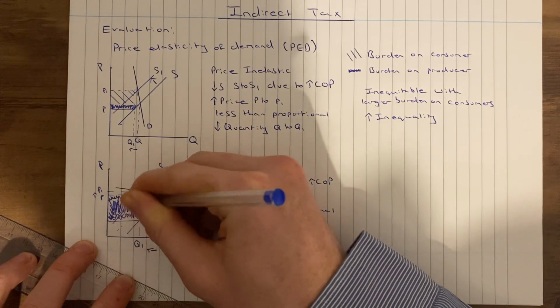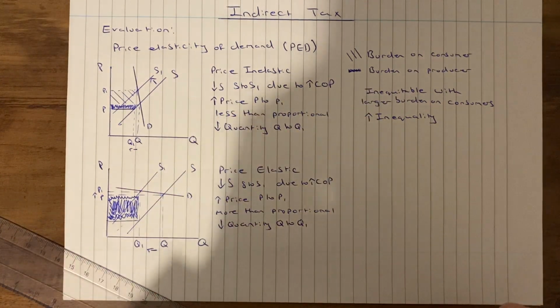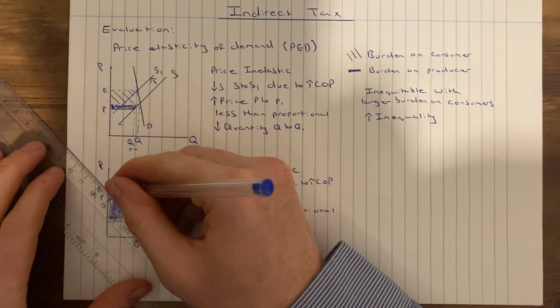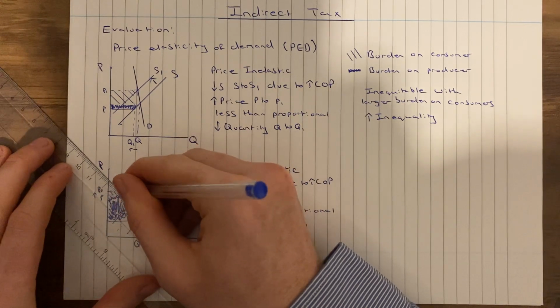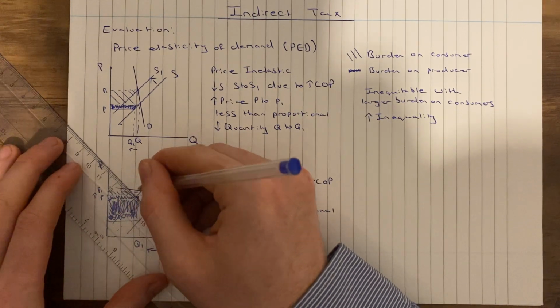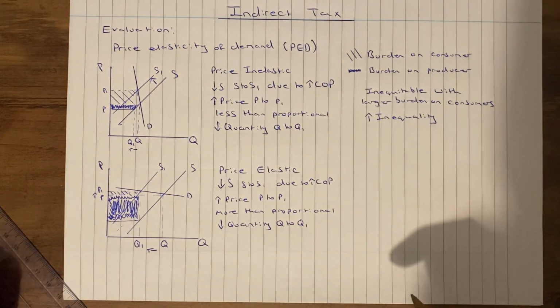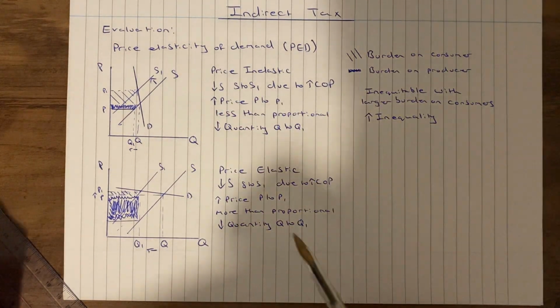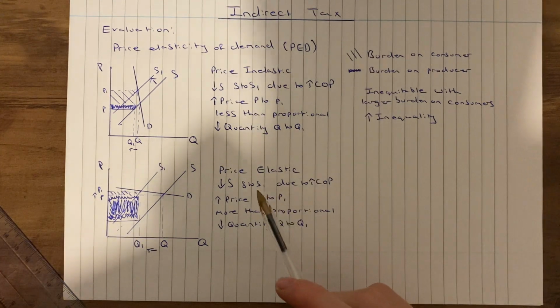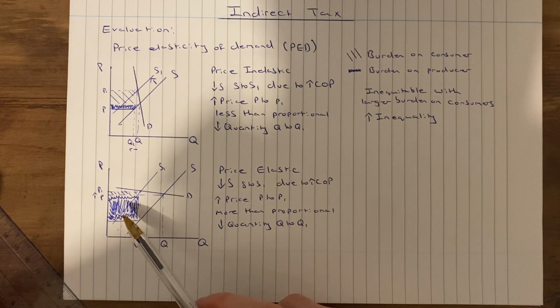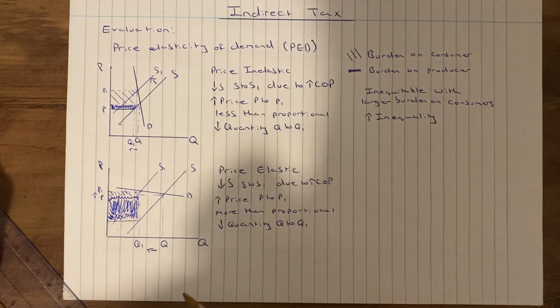The dark blue area is the area representing the burden on the producer, and the hatched area is the burden on the consumer. And we can quite clearly see in the instance where the price elasticity of demand is price elastic, the burden falls mainly on the producer rather than the consumer.